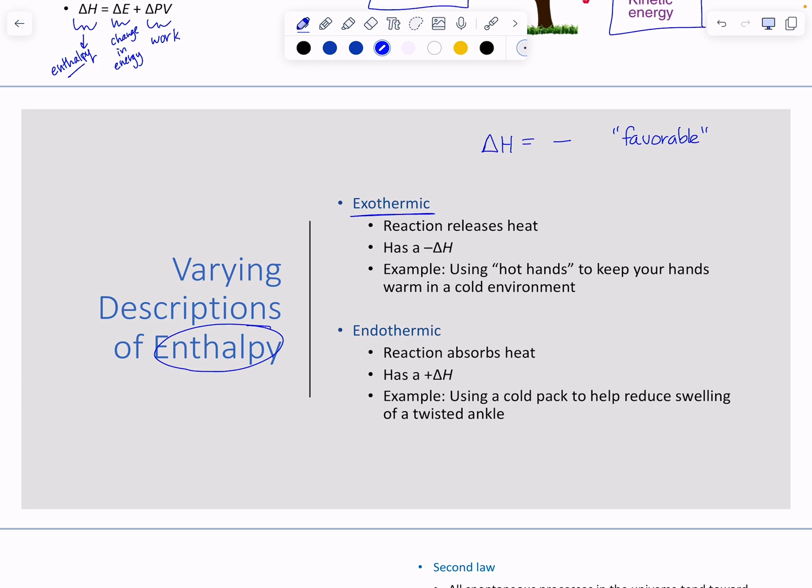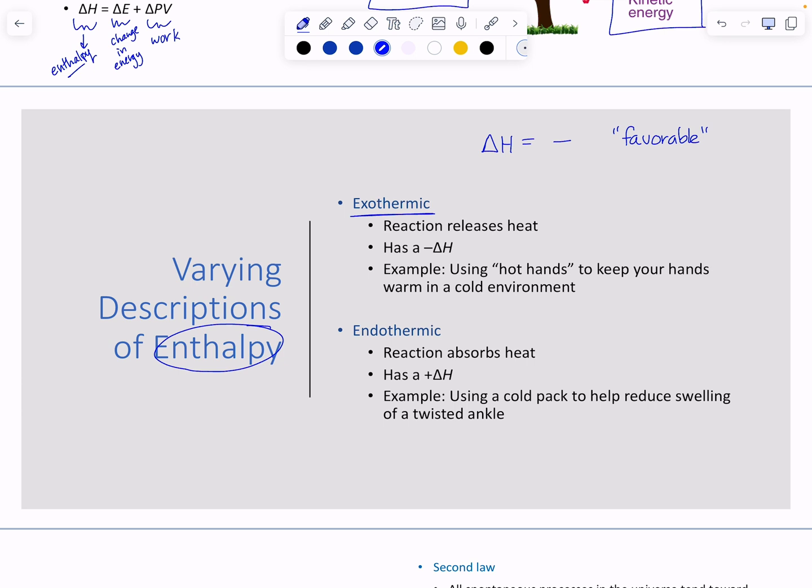Entropy and enthalpy can both be favored, or one can be favored and the other unfavorable in a given situation. So if your delta H is negative, that will be spontaneous, if the entropy is not considered.